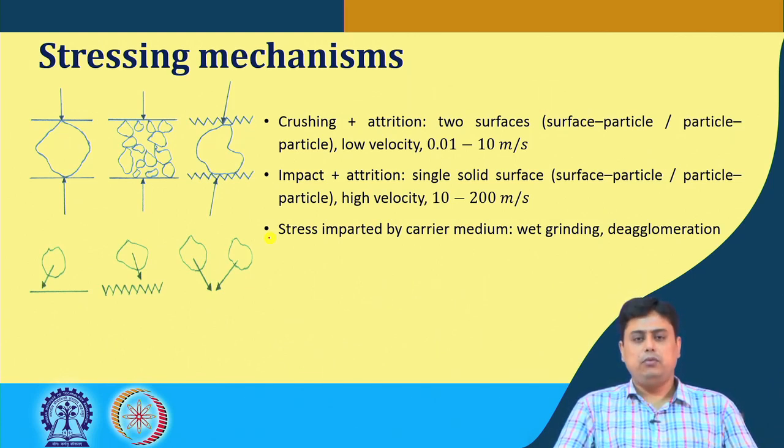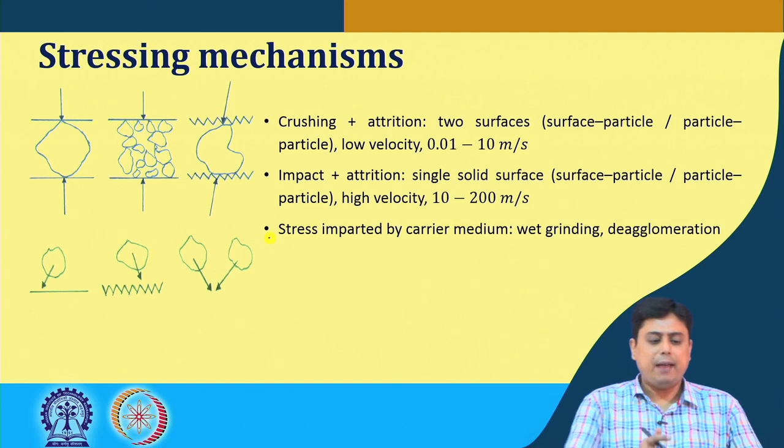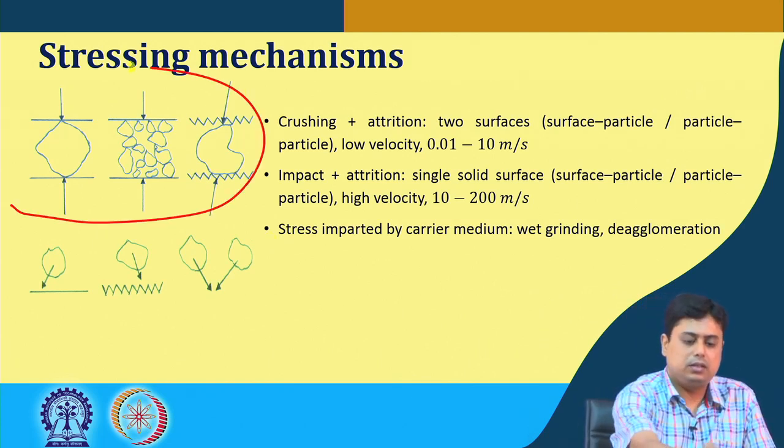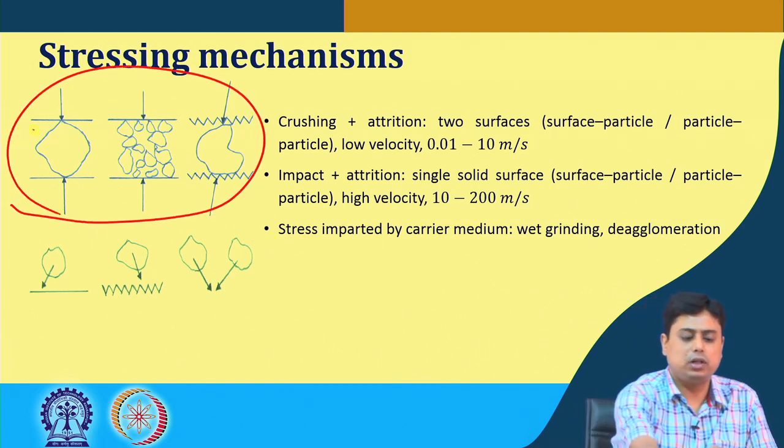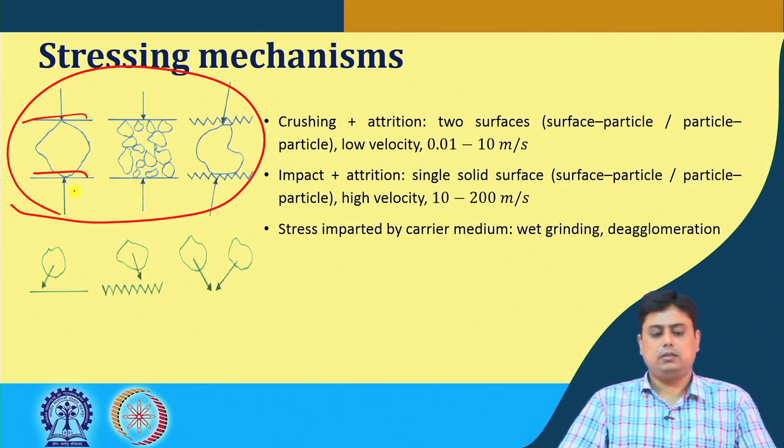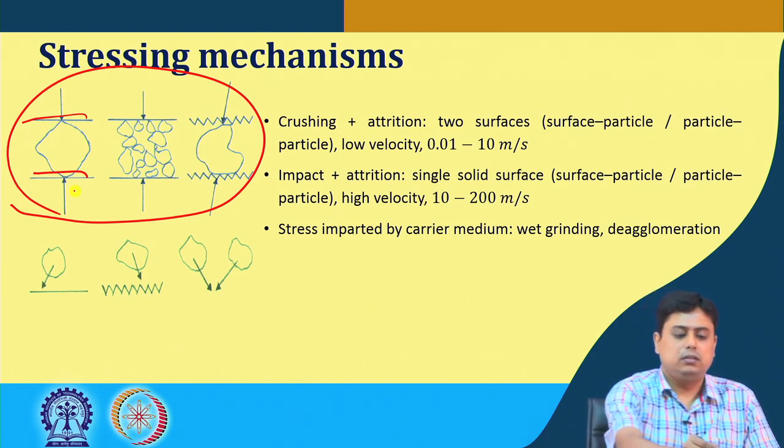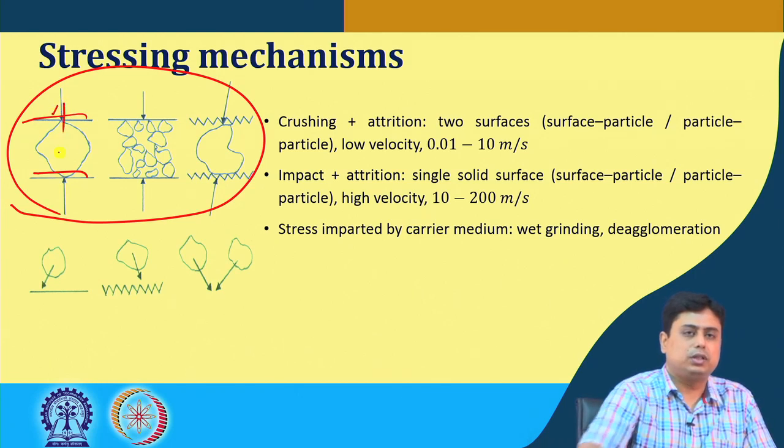These influence or effect this crushing plus attrition mechanism, in low velocity operation in the range of 0.01 to 10 meter per second. So, it happens like this: crushing plus attrition, where you have two solid surfaces and the material is crushed from both sides.